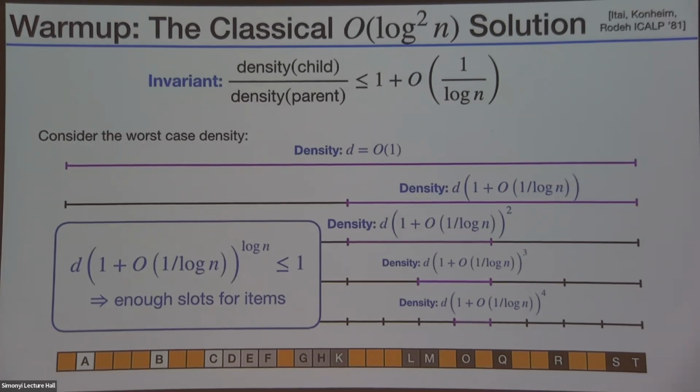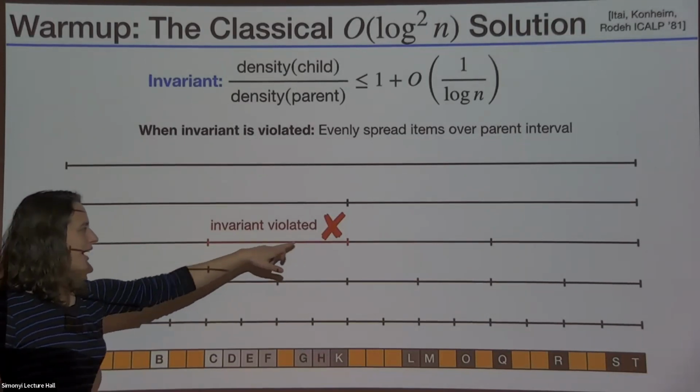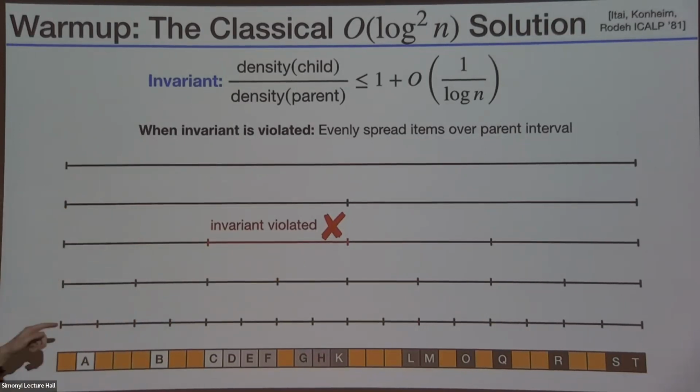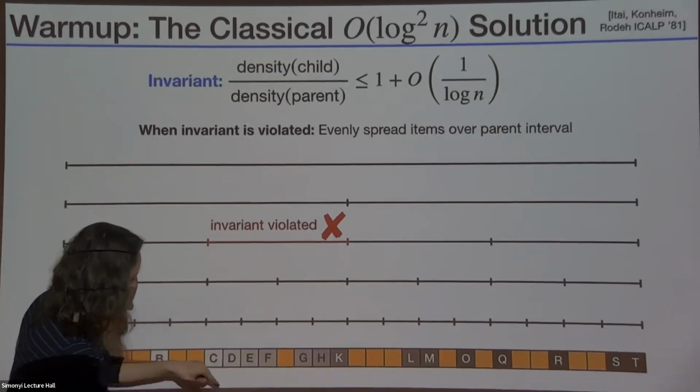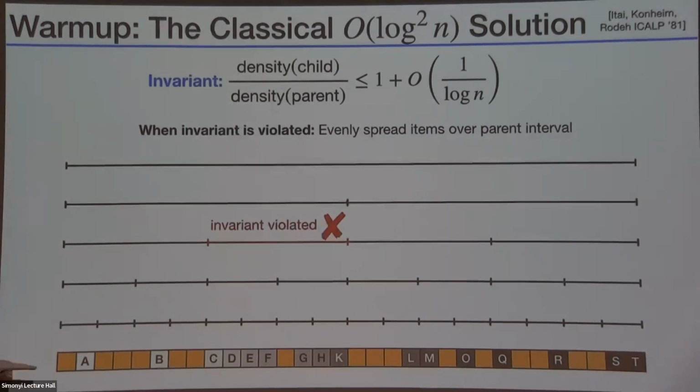So now I need to tell you how to actually maintain this invariant. And what we do is something very simple: when the invariant is violated, we're just going to spread all the items evenly out over the parent interval. So let's say this interval violates the invariant, which means that this part of the array is much denser than the parent interval of the array.